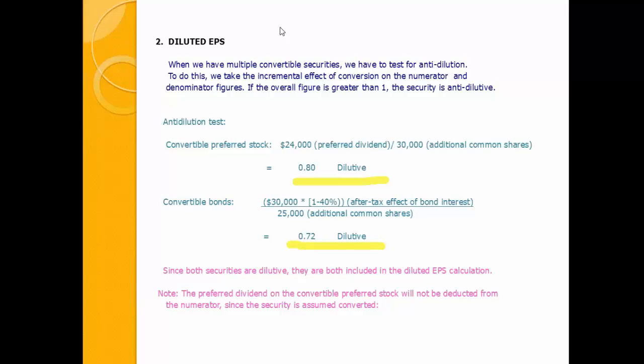So we've got the impact of two items: the convertible preferred stock that's convertible into an additional 30,000 shares of common stock, and the convertible bond, which is convertible to an additional 25,000 shares of common stock. Individually, the preferred stock has an 80-cent impact, and the convertible bonds have a 72-cent impact.